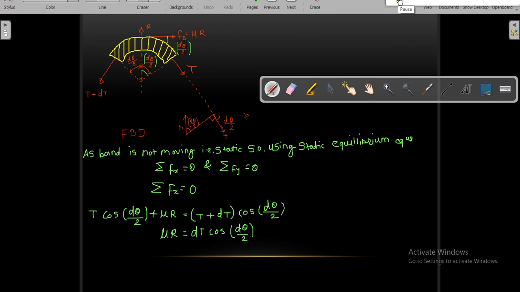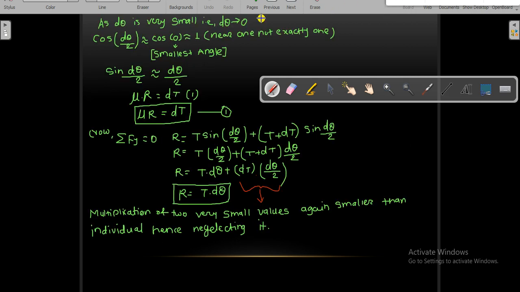Similarly we will do for summation F of y equal to 0. Before that we will put the value of cos d theta by 2. As you know that d theta is very small and we are dividing it by 2, so let us say it is a very small value, close to 0, because the smallest angle is 0, and you know that the value of cos theta for the smallest angle is 1.